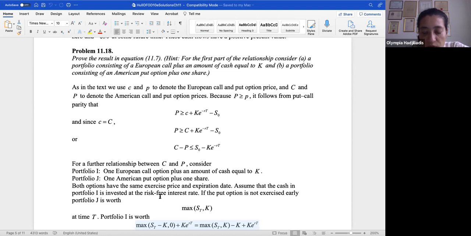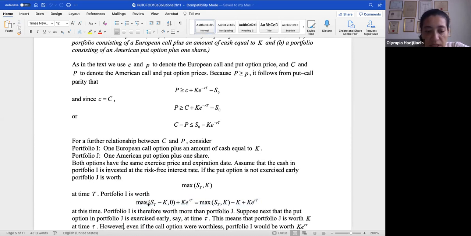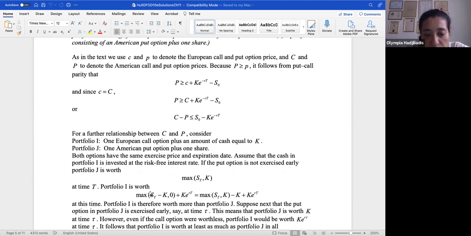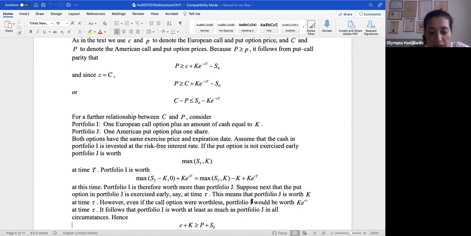If the put option is not exercised early, portfolio J is worth the maximum of ST and K at time T. Portfolio I is worth one European call plus an amount of cash equal to K e to the rT, which is max of ST minus K and 0, plus K e to the rT, which makes it equal to max of ST and K minus K plus K e to the rT. At this time, portfolio I is therefore worth more than portfolio J.